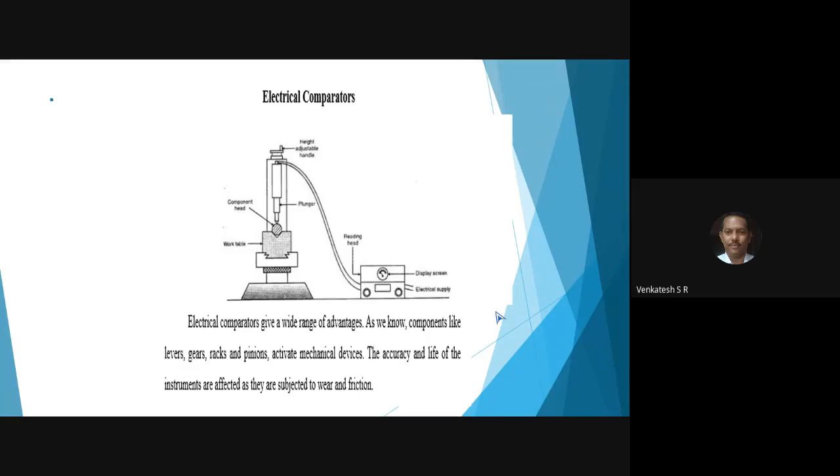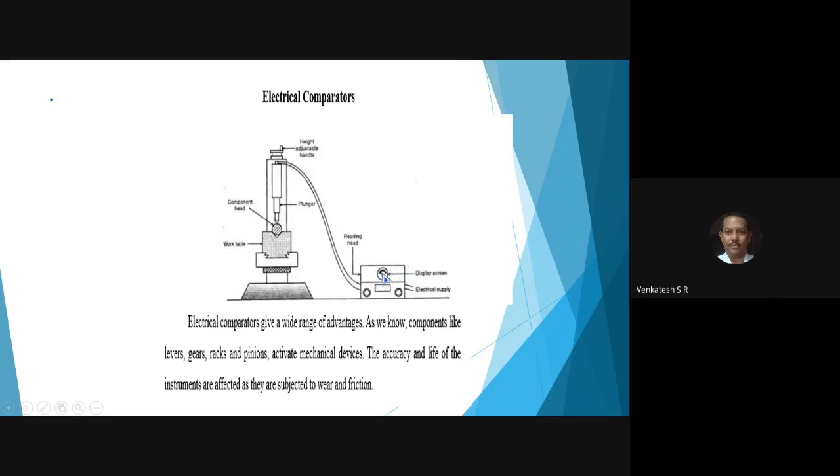So in the electrical comparator, you can set the voltage according to your requirement. All of you observe here. This is the control unit and this is the display screen. Here you are going to measure millivolts, or milliamps.